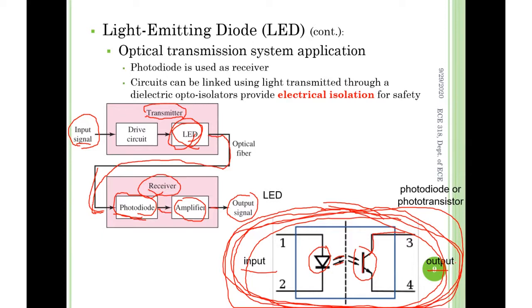But guess what? You can't directly hook them up. Even though it's the same signal, you can't directly hook them up. It's too dangerous. The lower-side circuit, the control circuit, cannot take any high voltage, high current. So if you directly hook them up, it's very dangerous. You need to do isolation.